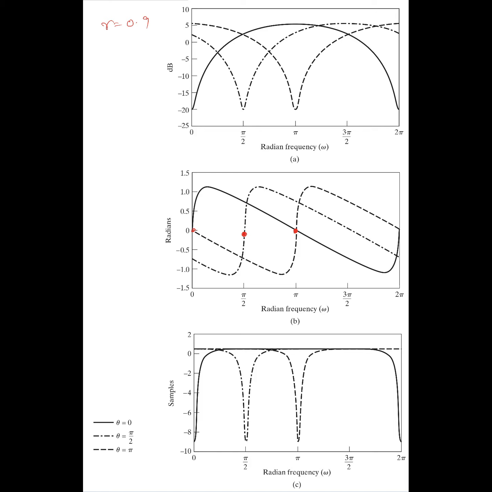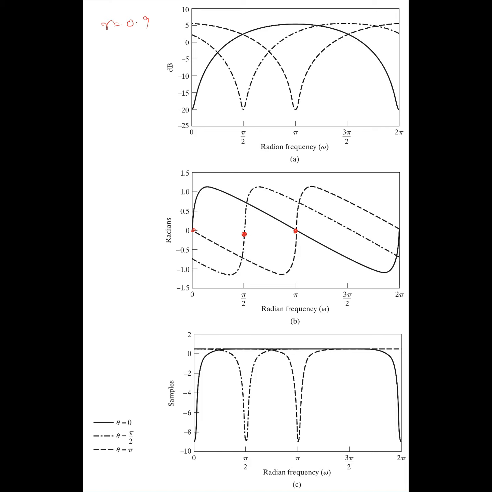Now figure C shows the group delay function for the expression we had seen earlier. You would notice that the high positive slope of the phase around omega equal to theta corresponds to a large negative peak in the group delay function at omega equal to theta, right?